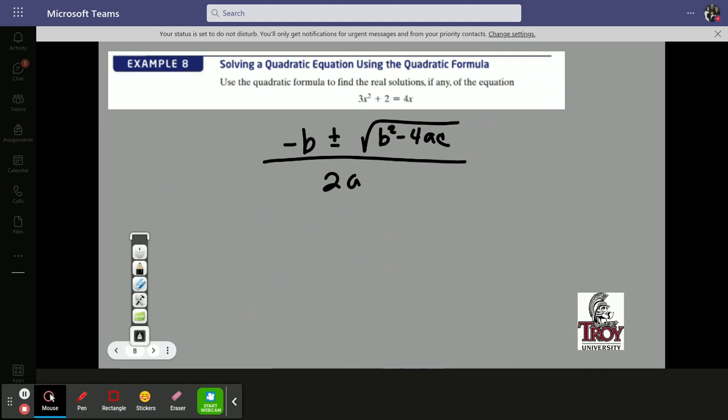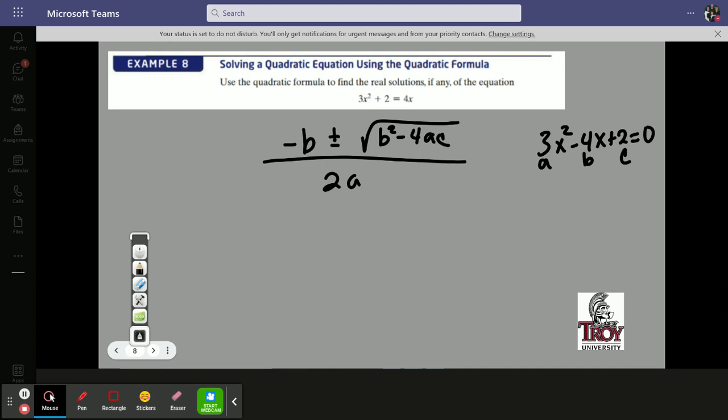So 3x squared, which should come next. I don't want that 4x over here. I want a 0 over here. Plus 2 equals 0, right? A, B, and C.